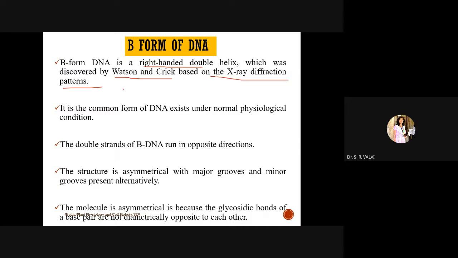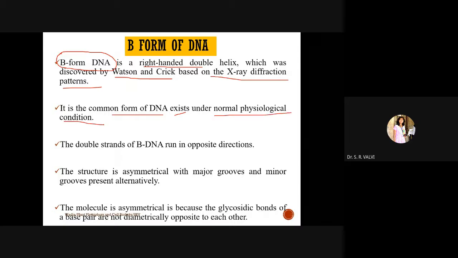Usually the DNA which we observe in a textbook or any reference book, in the Watson and Crick model, is B form of DNA. It is the common form of DNA.